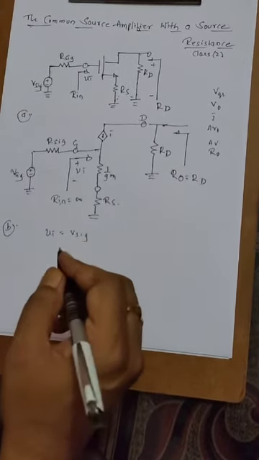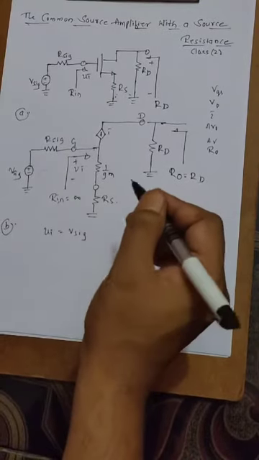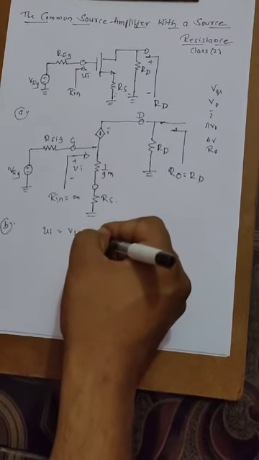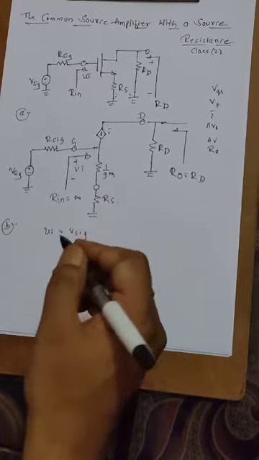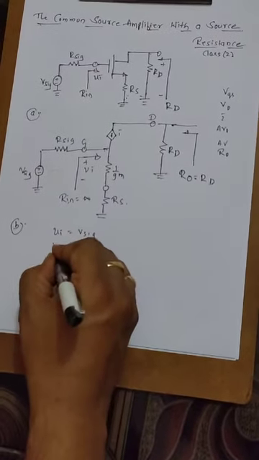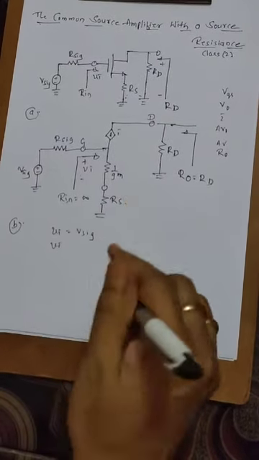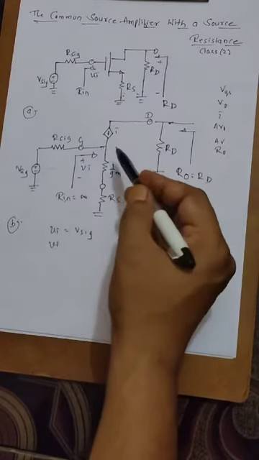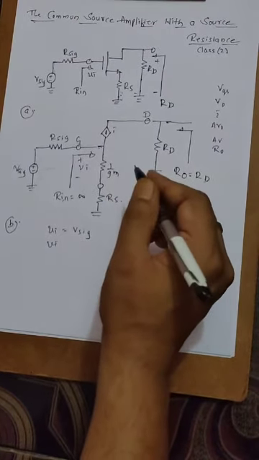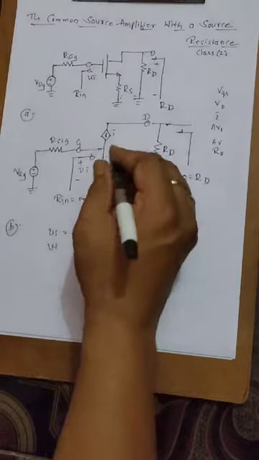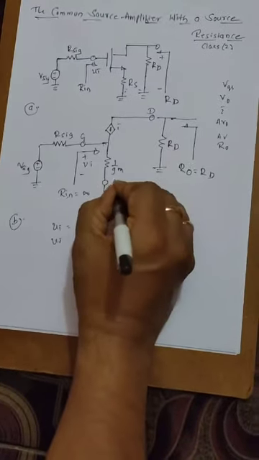Since input resistance is infinity, Vi is equal to V signal, and only a fraction of Vi appears between the gate and source terminal.